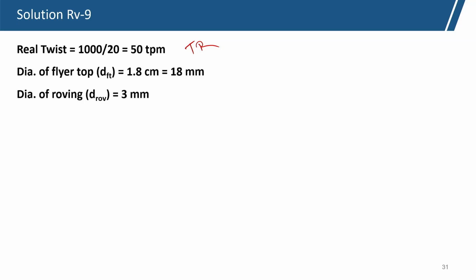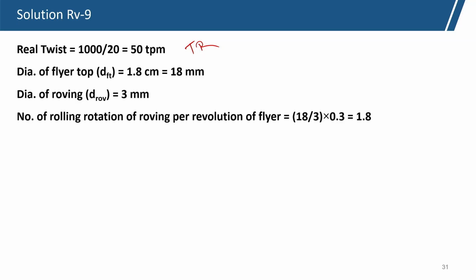That means, for one rotation of the flare, the number of rolling of roving per revolution of flare will be 18 by 3, that is 6 revolutions. Here is the flat top with 18 millimeter diameter and the roving with 3 millimeter diameter.